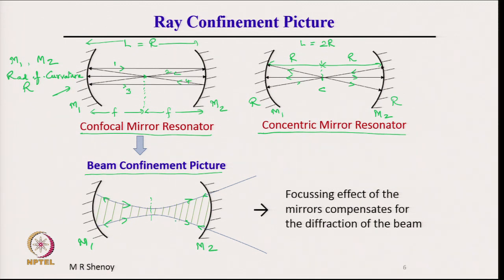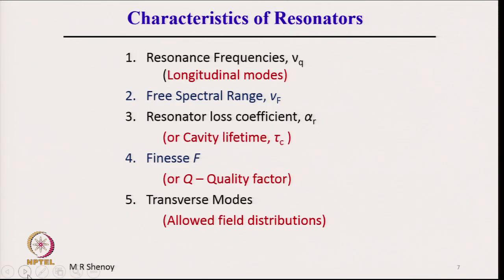In other words, the beam can go back and forth, and its diameter will change as it propagates. So, the diffraction effect of a finite beam is compensated by the focusing effect of the mirror. If the second mirror is partially reflecting, then a part of the energy goes out after every reflection.